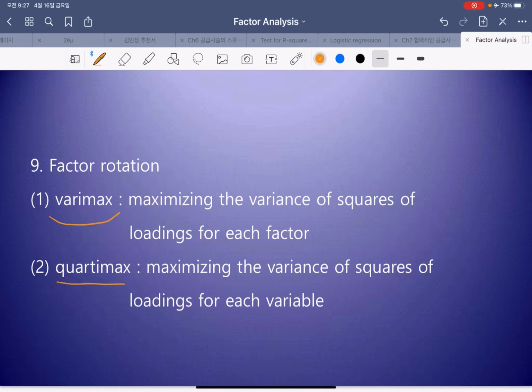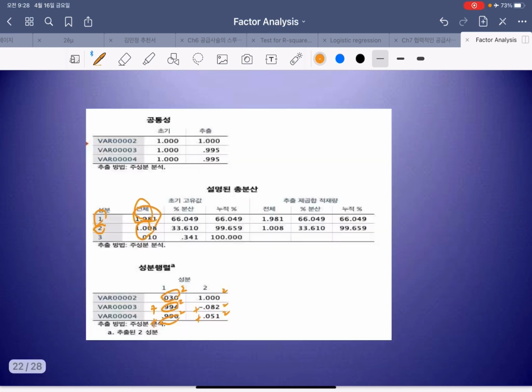The difference between these two is this: Varimax maximizes the variance of squares of loadings for each factor, and Quartimax maximizes the variance of squares of loadings for each variable. You usually do the Varimax when you do the factor analysis. If you don't get good results even if you do the Varimax, then you try another one, for example, Quartimax.